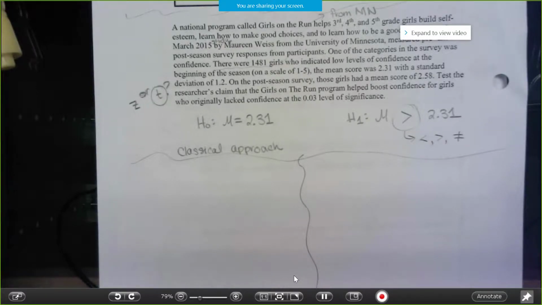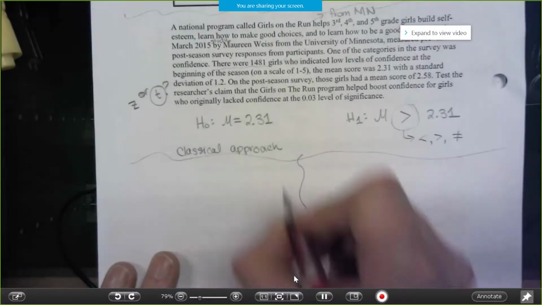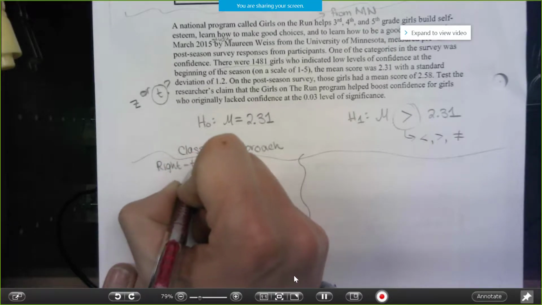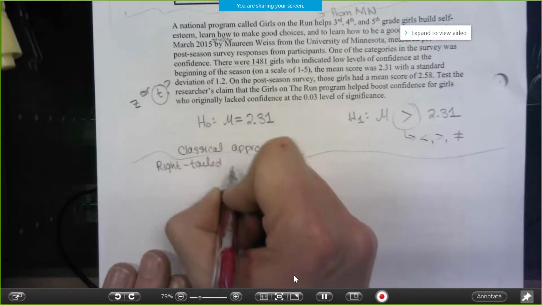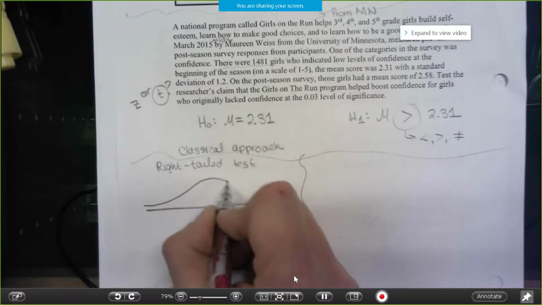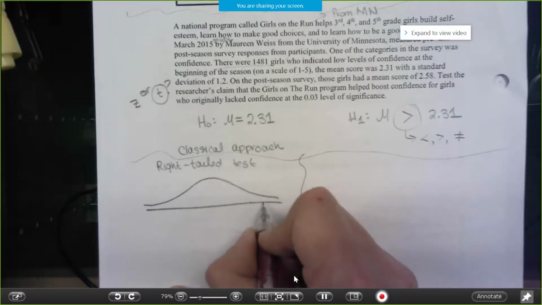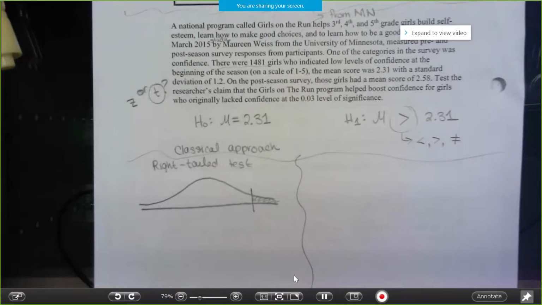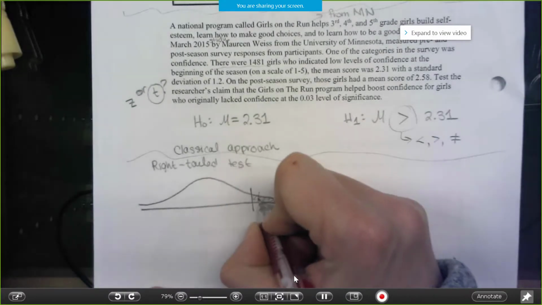Okay, so first of all, is this a left-tailed test, a right-tailed test, or a two-tailed test? This is a right-tailed test. How much area should be in that right tail? 0.03, the level of significance.